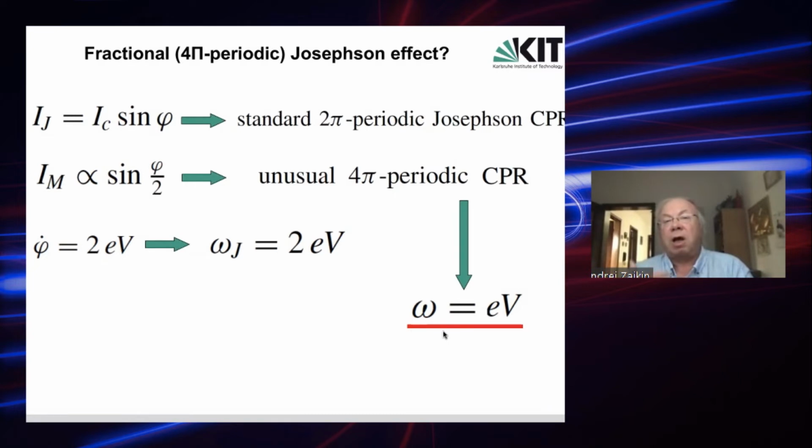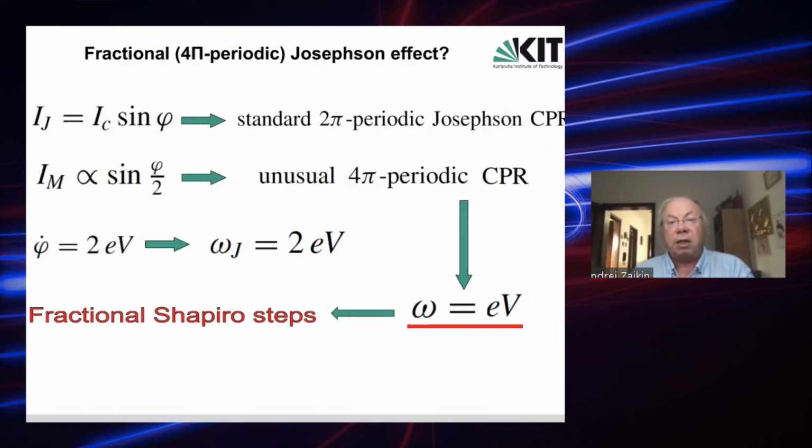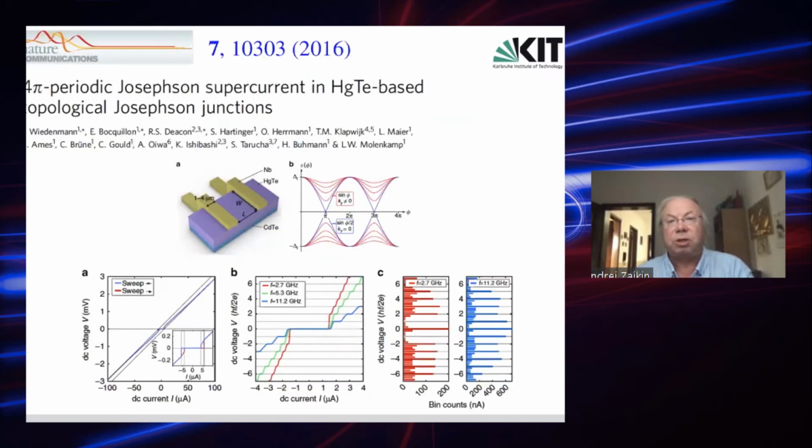So the people who argue in this direction predict Josephson oscillations, but with half the Josephson frequency. And this means that if you also irradiate your system with external radio frequency radiation, for instance, then you are going to see fractional Shapiro steps, not integer Shapiro steps, but fractional Shapiro steps.